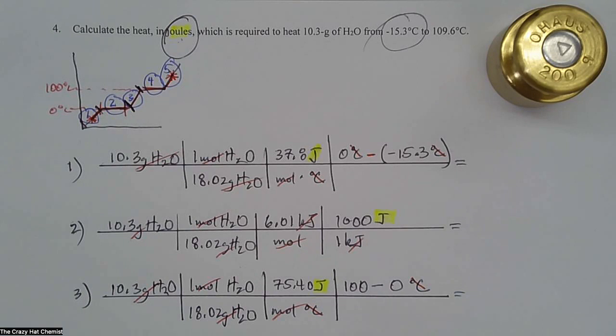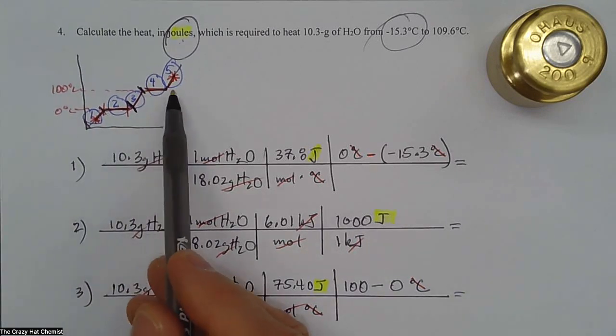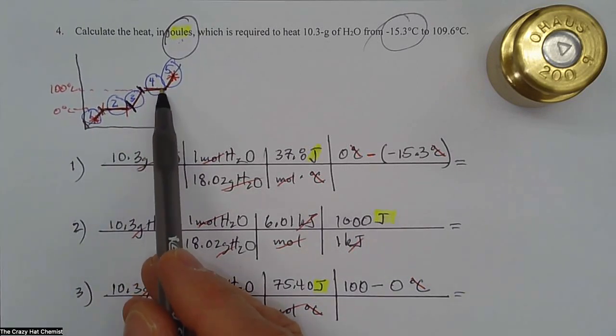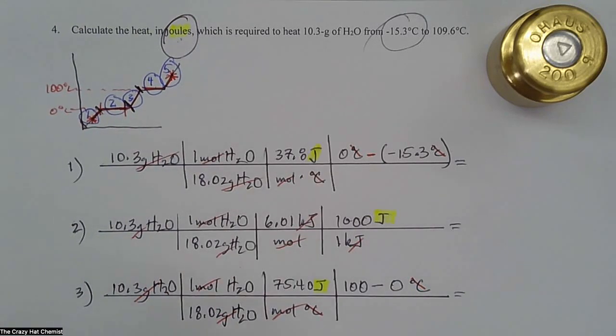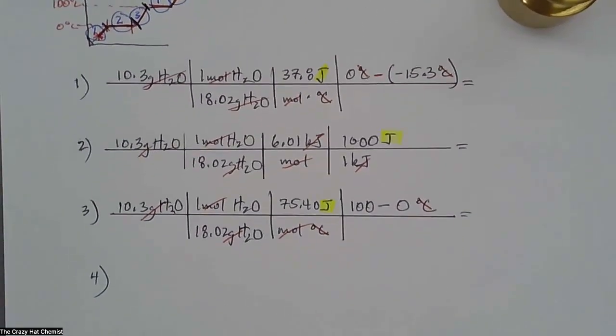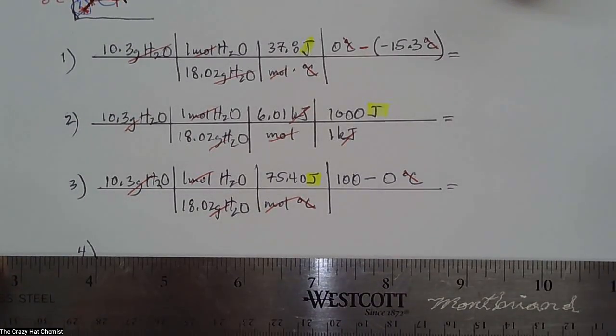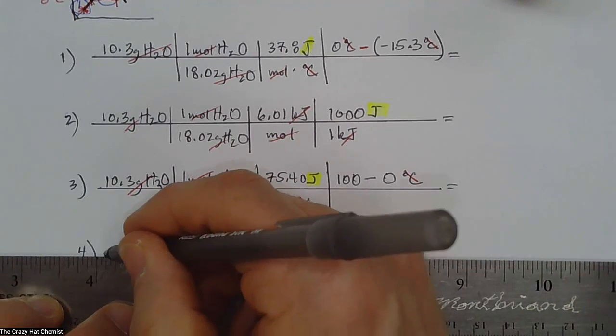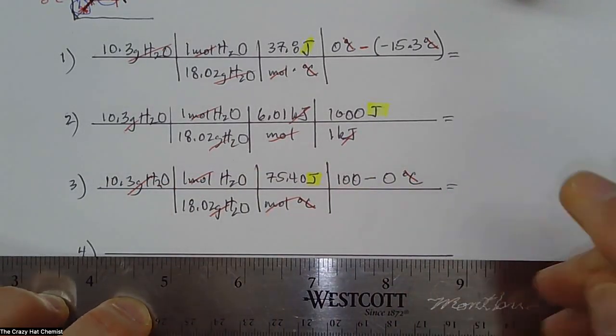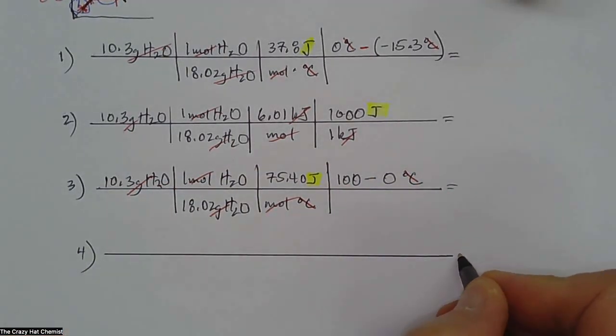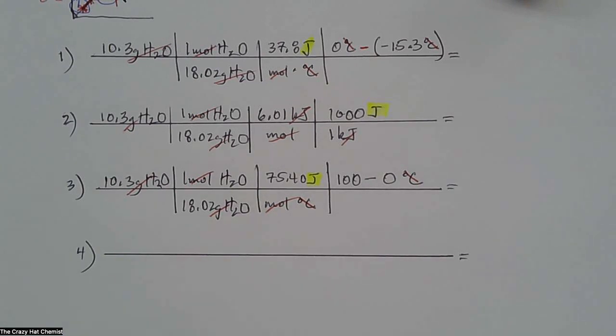Perfect. And then we need to do step number 4. Step number 4 is the heat of vaporization. I'm going to have to slide this on up here to do step number 4. And here we go. Again, step number 4 and step number 2 are going to be very similar, except the constant is different.